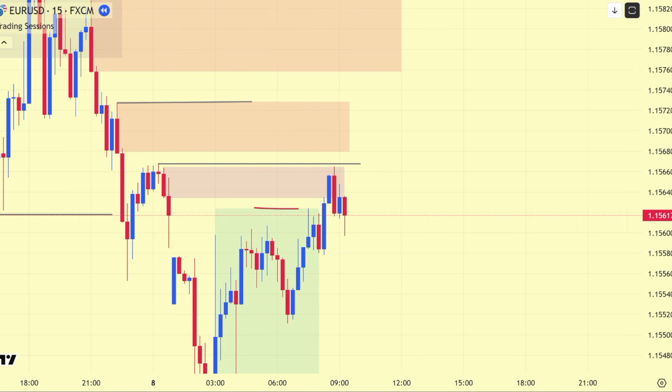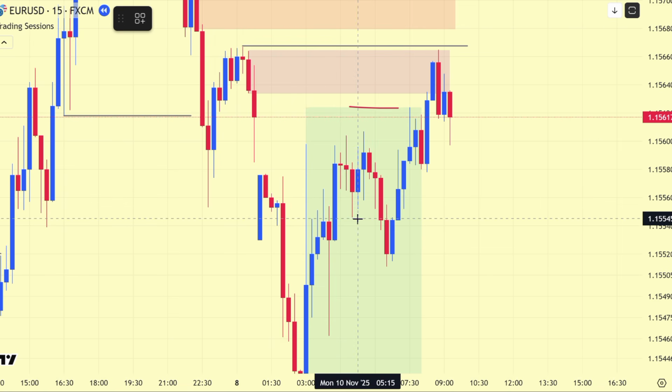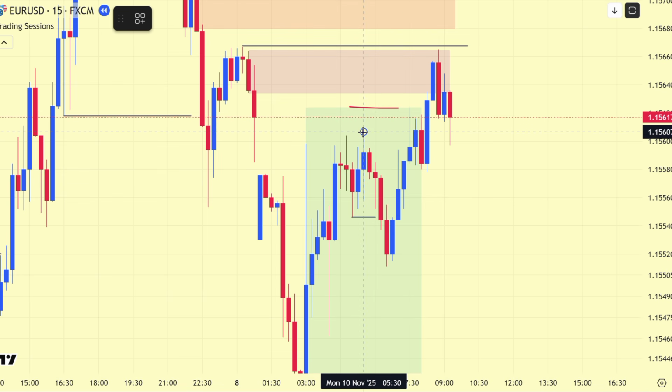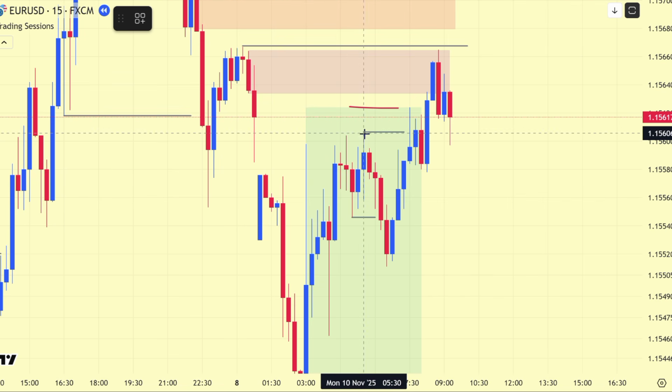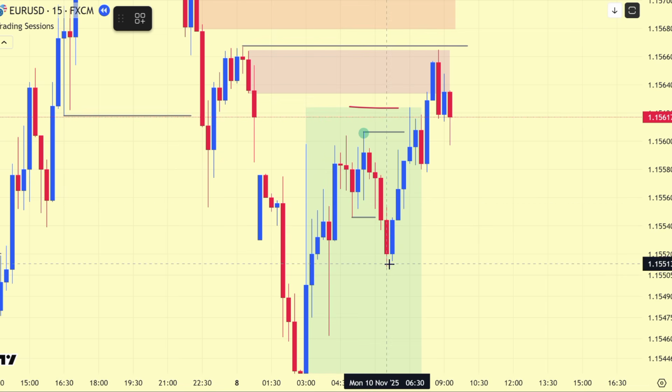We can clearly see right now this is where the counter trend playbook comes into play, and I can clearly see that price has done this even without shifting to the lower time frame. This 15-minute is actually giving me something here. I can clearly see price has taken out this low, so this means I have my swing points right there, and the other one here, these are the bull swing points.